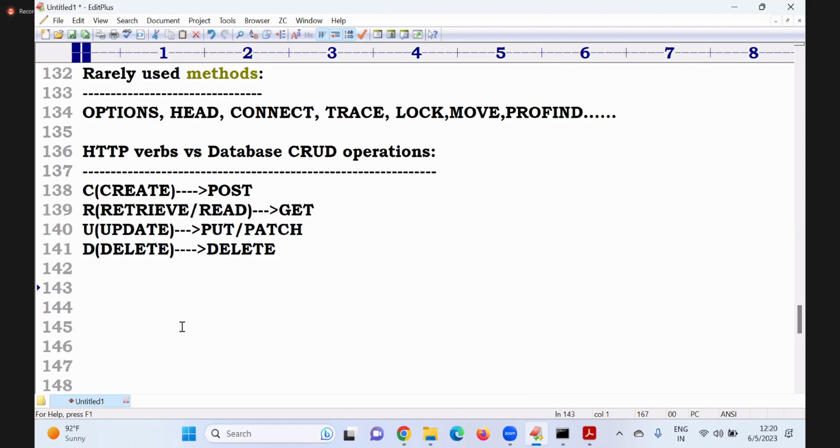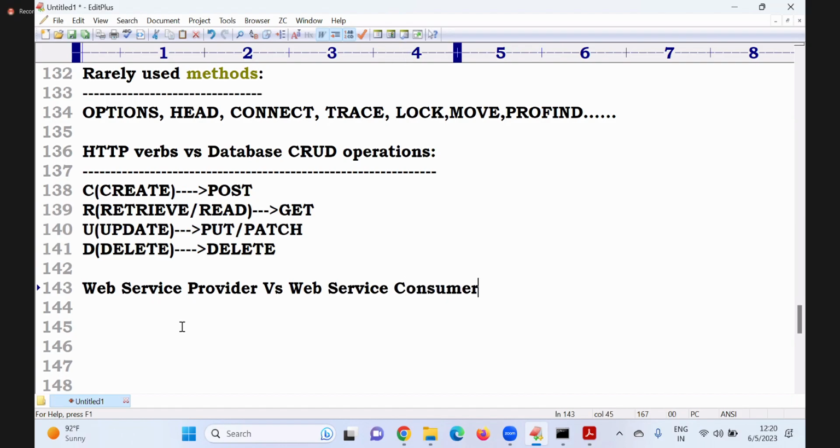Final terminology is who is the web service provider and who is the web service consumer. Once it is okay, then we will write our projects and everything.